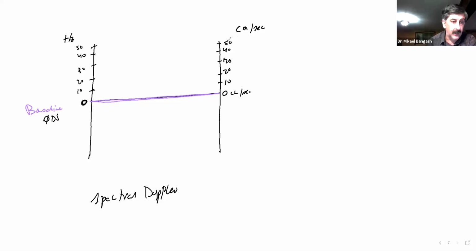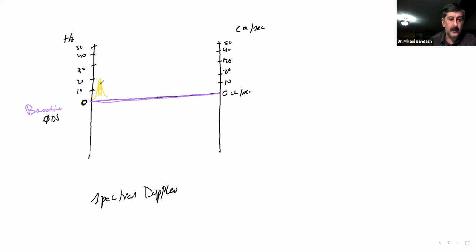So if, for instance, we had a blood flow at a low speed, that would give you a low Doppler shift frequency, let's say 20 hertz of a Doppler frequency.